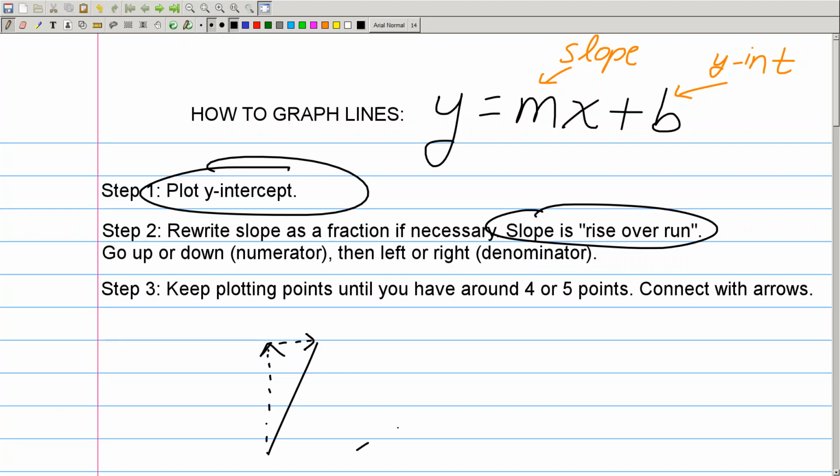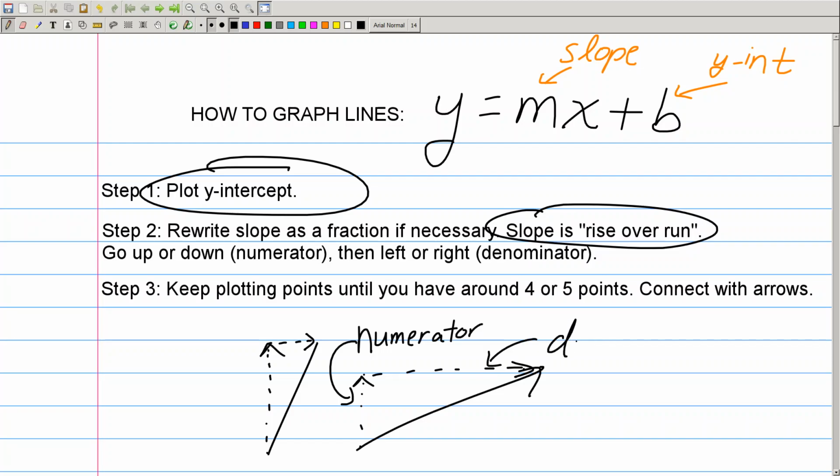A line that's less slanted will have less going up and more going right. So the slope, which is really a fraction, tells you what's on the numerator and what's on the denominator.